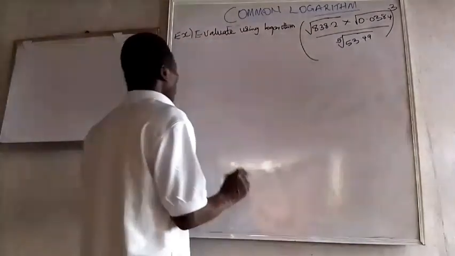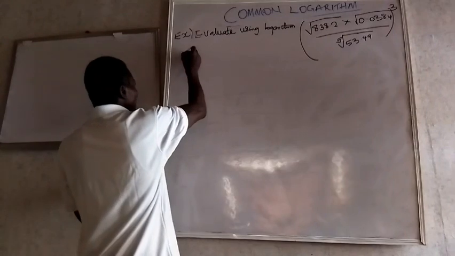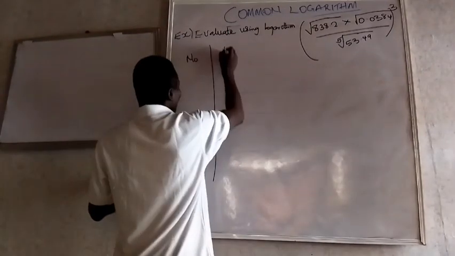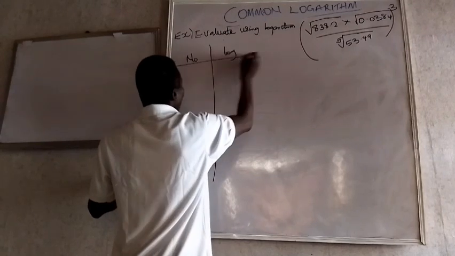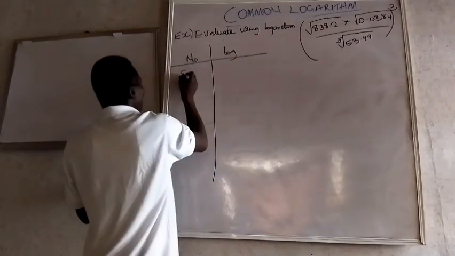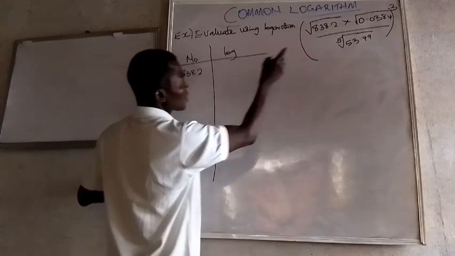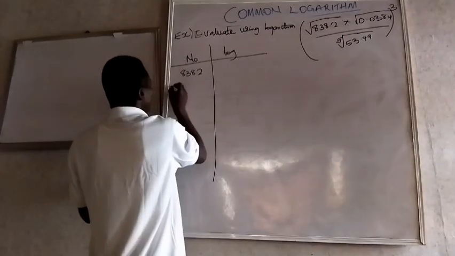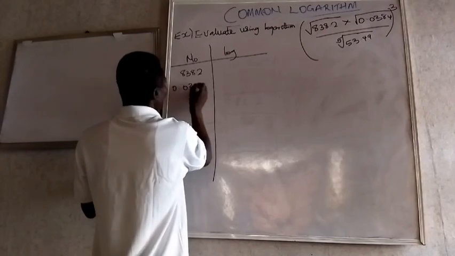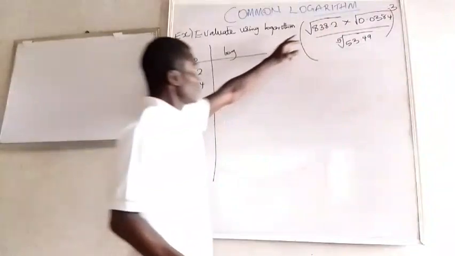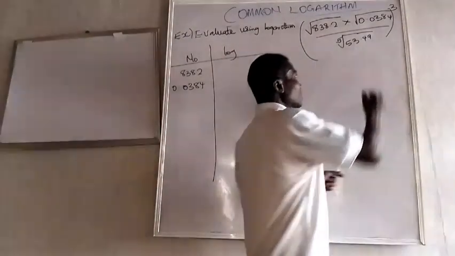So straightforward, that one is easy. So we can easily do that one by saying number, log. We have 838.2, and that one we have 0.0384.